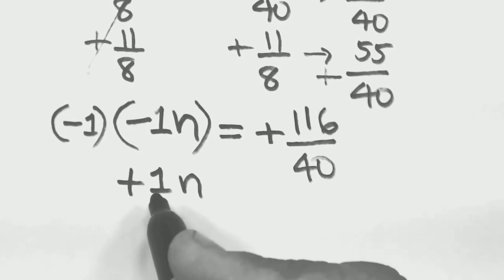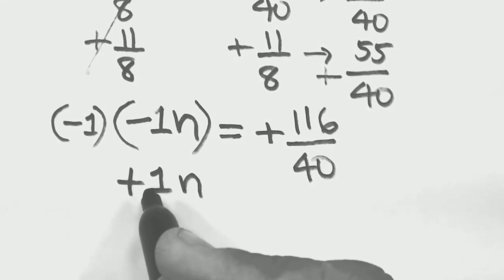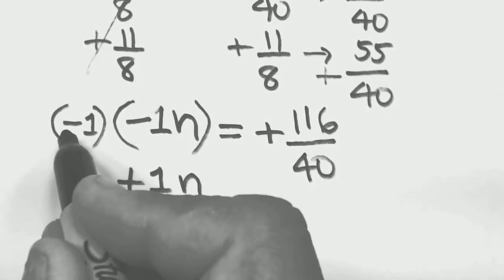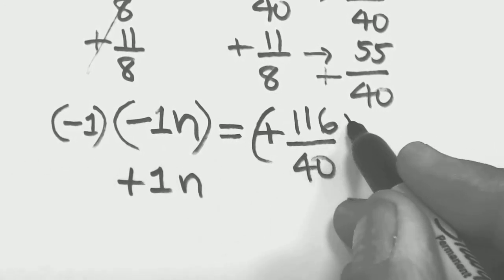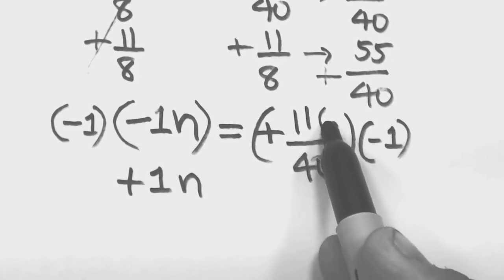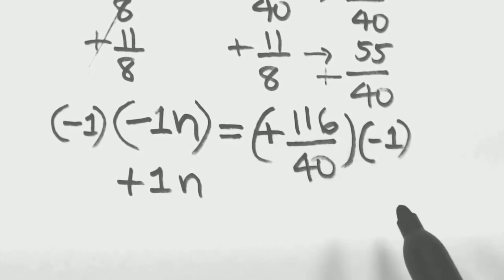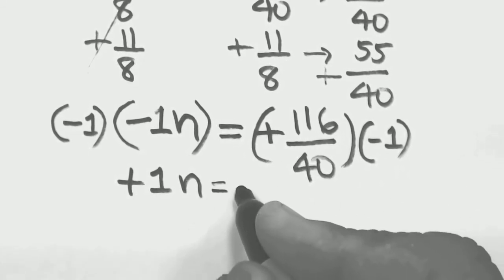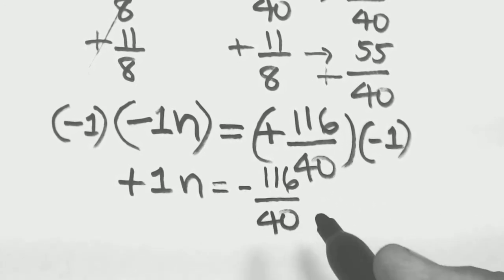I'm going to be quoting the actual value of the variable, and that's what people want to know for the answer. If I multiplied the left side by negative 1 to do this, I've got to multiply the right side by negative 1. Well, 1 times this fraction just gives me the fraction back, but plus times minus means the answer is negative 116 over 40.